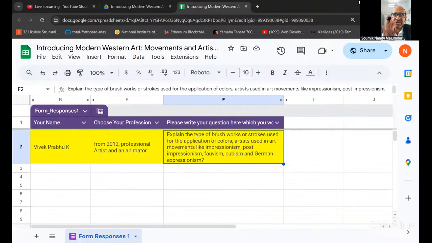So if the brushstrokes are too calculated, if the application of the color with brushstrokes is too controlled, then you fail. You can't really represent or make the viewers feel that dynamic quality of life, that mobility of life.